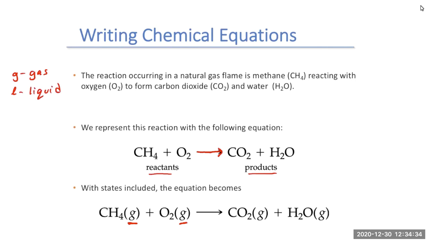I always write my L for liquid in cursive because otherwise it looks like I'm just writing a line. It could be a 1. S for solid. And then if it's dissolved in water, we write AQ for aqueous. So one of these 4 states is what you have to put in parentheses after each compound. And then once you do that, now you have a good chemical equation.